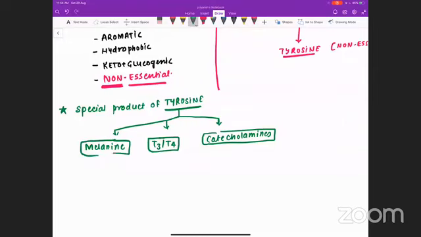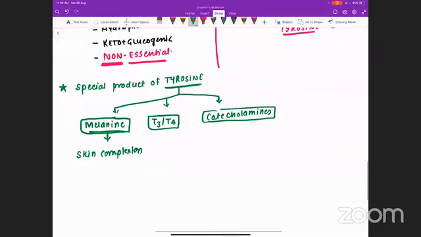Melanin, just now we have discussed, is for skin complexion. The more the melanin, the darker the skin complexion will be. T3, T4 are basically the thyroid hormones. What is catecholamine?